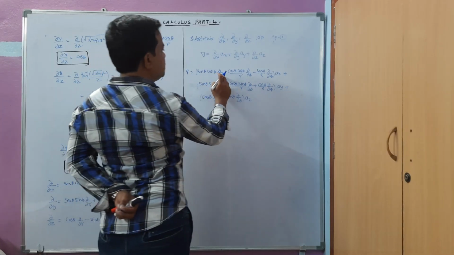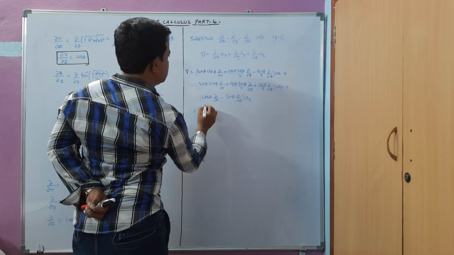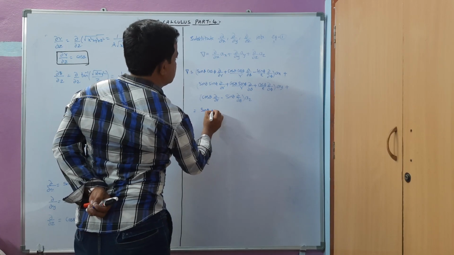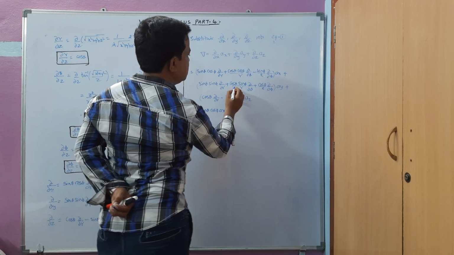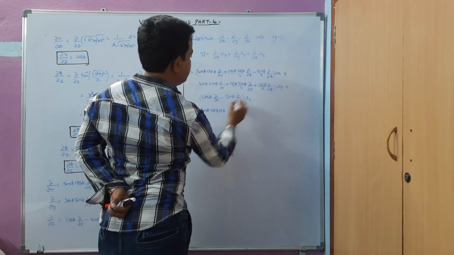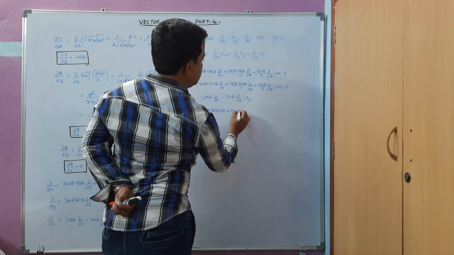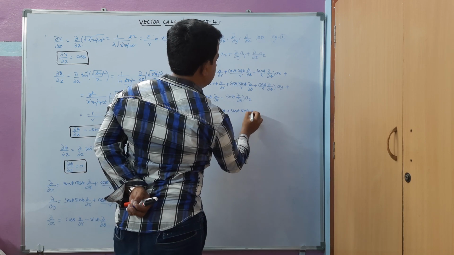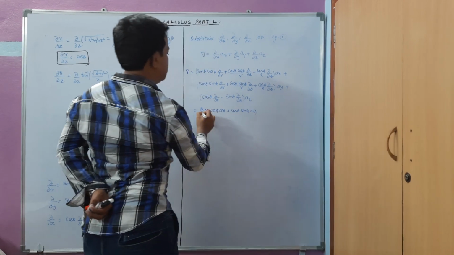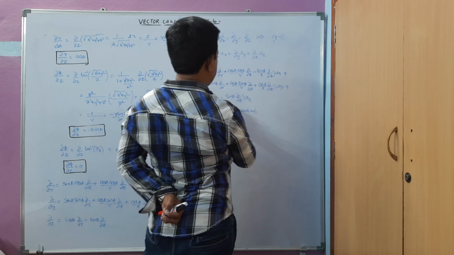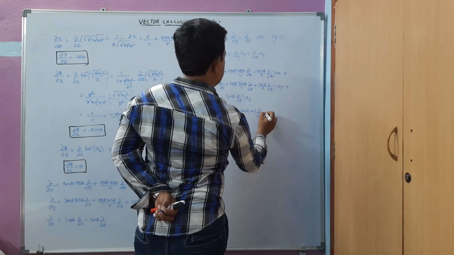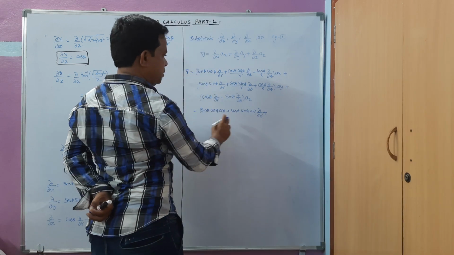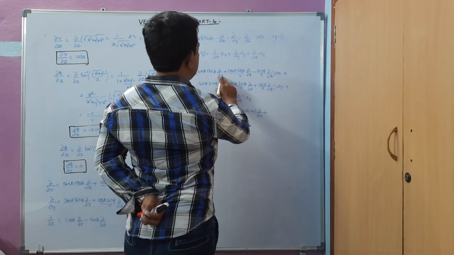So the dou by dou r term is this one, that is sin theta cos phi Ax, next sin theta sin phi Ay, into dou by dou r. Next I have to collect the dou by dou theta terms.